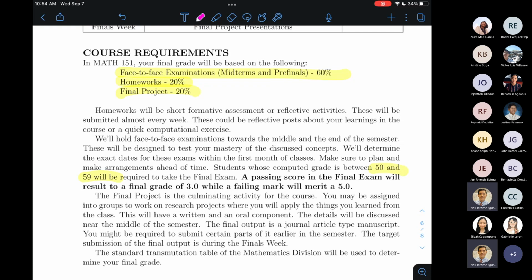You might be prepared, pero hindi natin masasabi yung mindset natin on that particular day. Pero I think we don't have any choice. So, just a fail-safe, try to maximize the 40% na manggagaling dun sa homework at final project. But of course, I hope you do well also on the face-to-face exams.